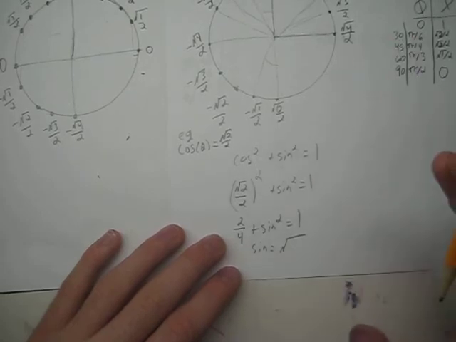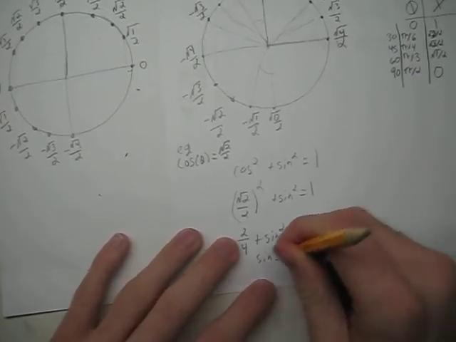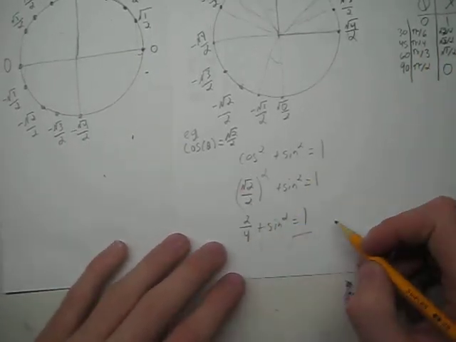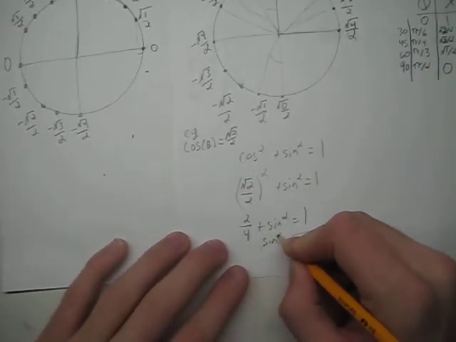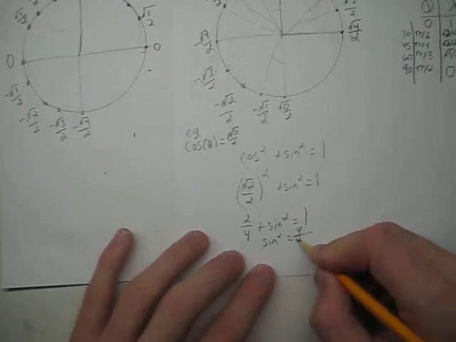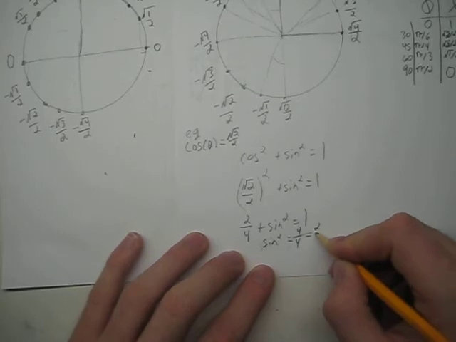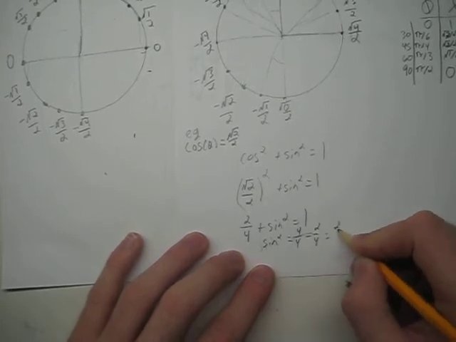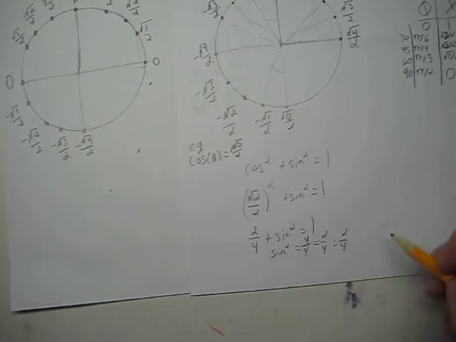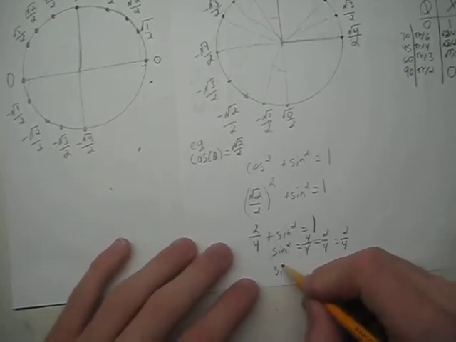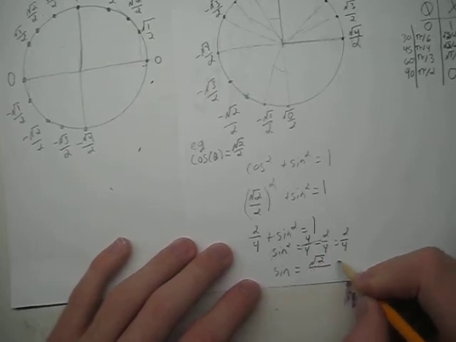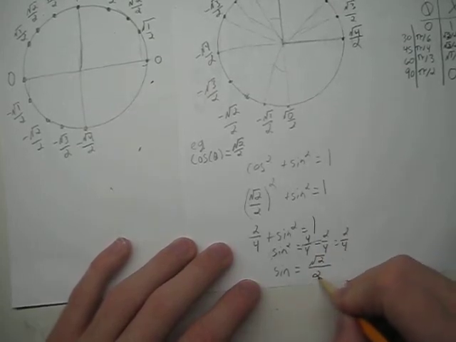Let me rewrite this. We bring this over here, so we have sine squared is equal to 4 over 4, or 1, minus 2 divided by 4, which is equal to 2 over 4. We'll take the square root of both sides, so sine is equal to the square root of 2 divided by the square root of 4, which is 2.